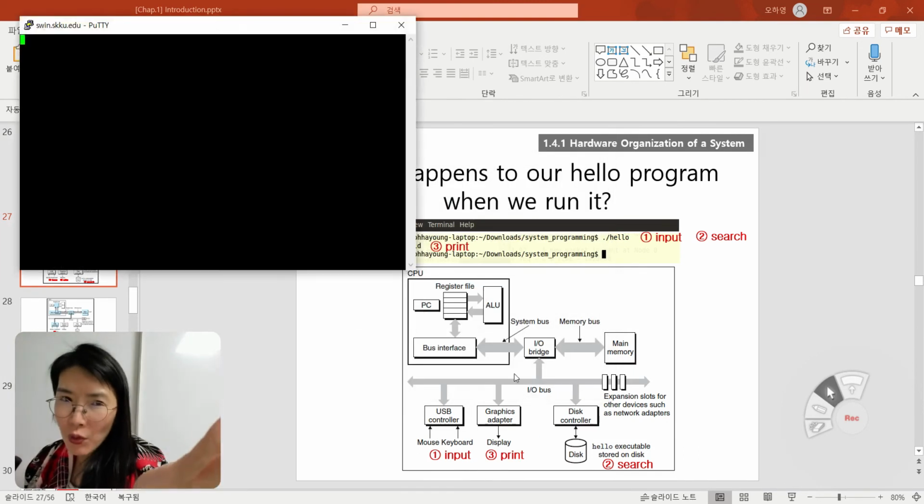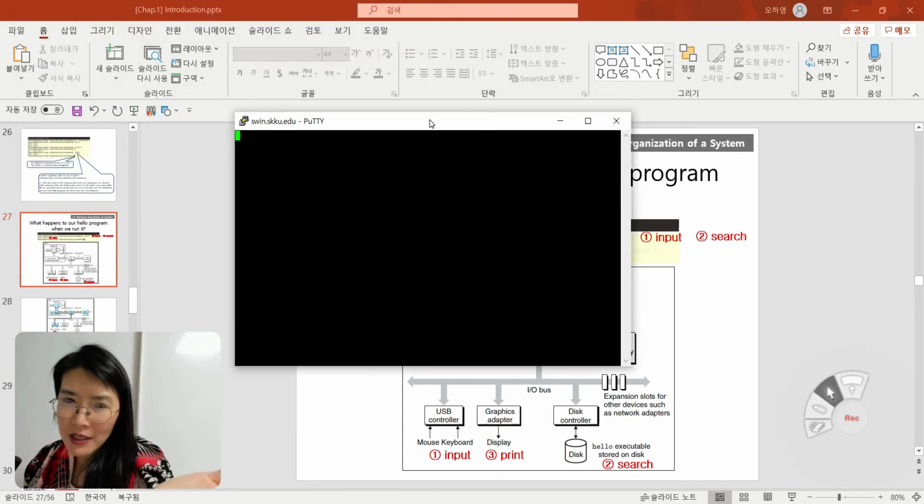Even though I want to connect to our university Linux server, I think the server manager is checking the status and trace of the server.